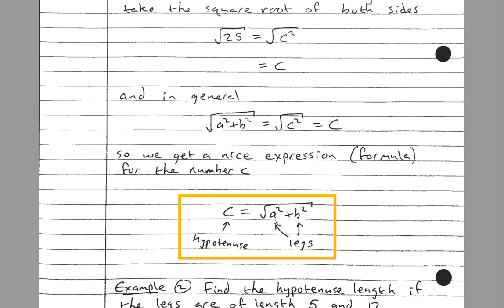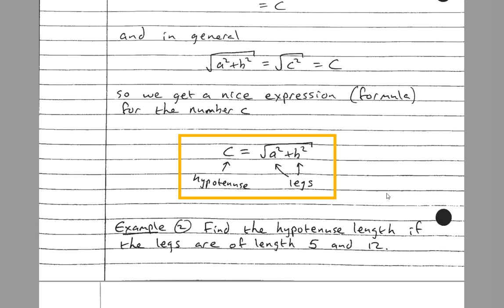If you know the lengths of the two legs in a right-angled triangle, then to get the hypotenuse, you need the square root of the sum of the squares of those two legs. A simple formula to add to your list.